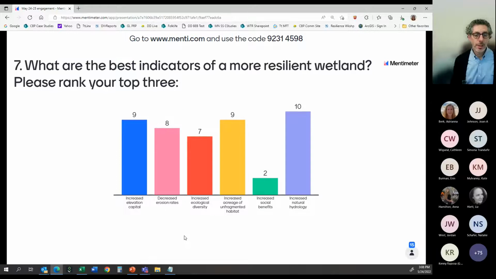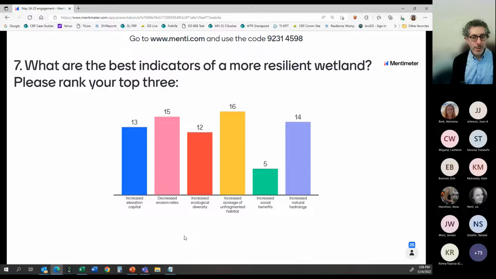Results are coming in, and as you see, they're shifting around as more and more data comes in. Right now, increased acreage of unfragmented habitat is near the top, as is decreased emission rates. Increased social benefits are on the lower end.